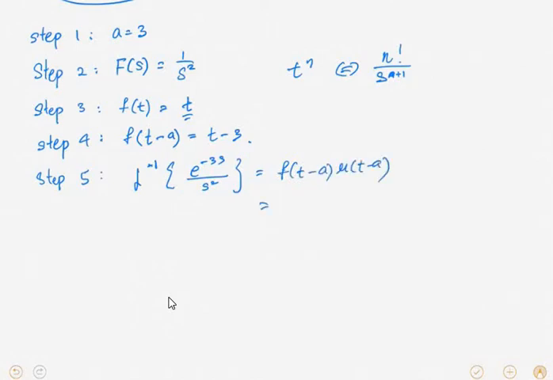So for f(t minus a), you have t minus 3, and u(t minus a) is u(t minus 3). So this is for the exponent negative 3s over s squared.